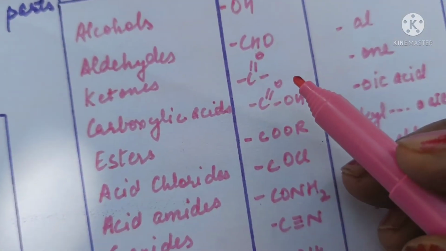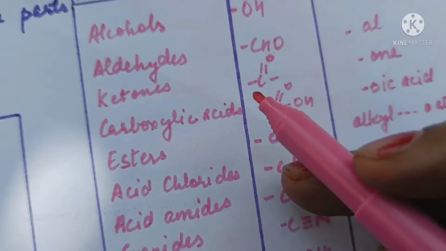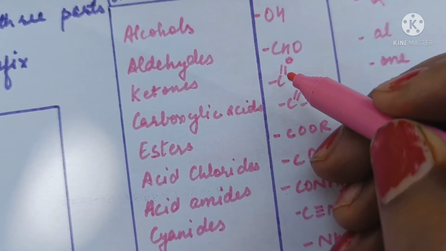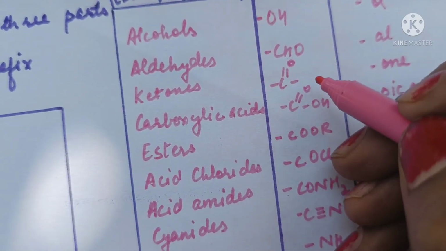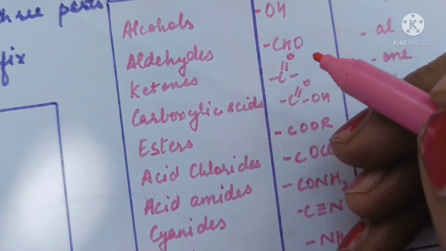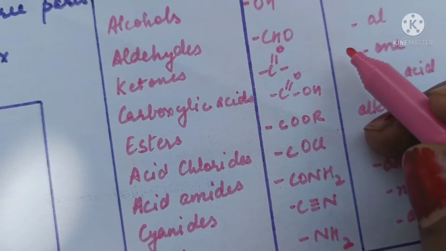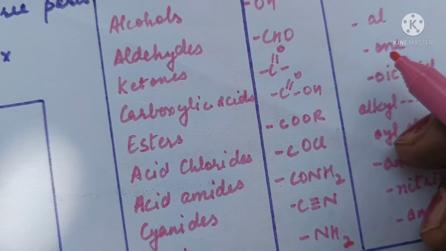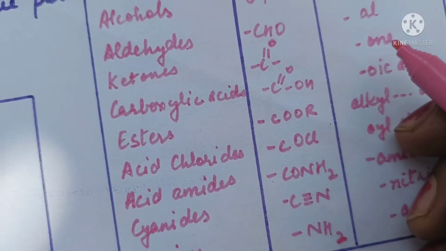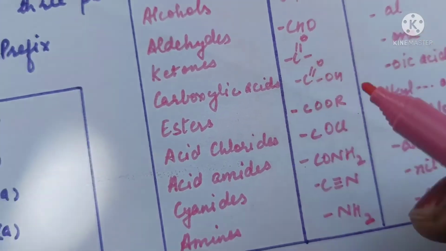Ketones will have the suffix one. If a methyl group is attached on this side of C double bond O and another methyl over here, that means the compound is of 3 carbons, then the IUPAC name will be prop, ane, one. Prop for 3 carbon atoms, ane for single bonds, and one for C double bond O group.